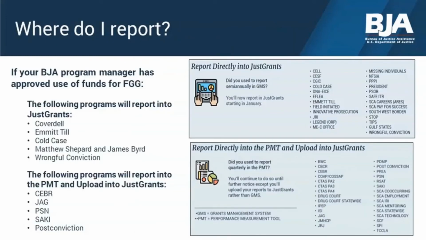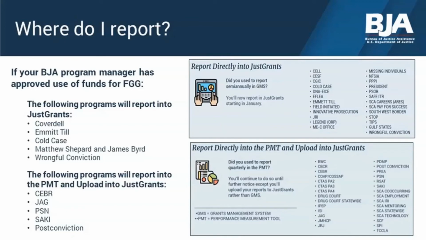Okay, transitioning out of the FGG specifics a little bit, going back to some more general reporting guidelines, where we report. The graphic we have on this slide is also available on the BJA Performance Measures webpage.